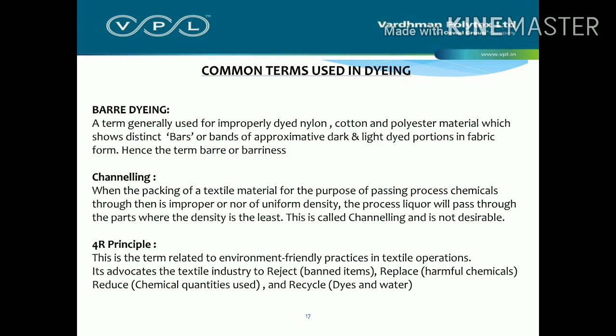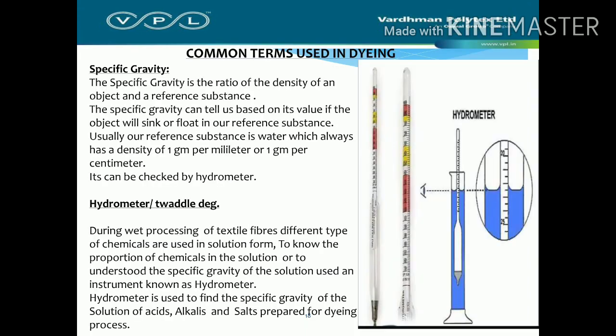4R principle. This is the term related to environment friendly practices in textile operations. It advocates the industry to reject banned items, replace harmful chemicals, reduce chemical and water quantity used, and recycle dye and water. The last one, specific gravity. The specific gravity is the ratio of density of an object and a reference substance.